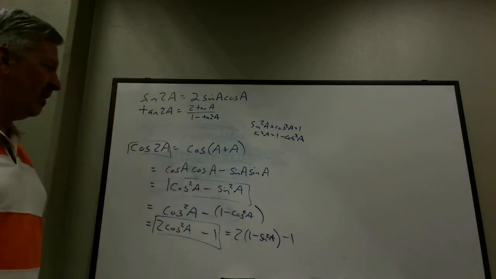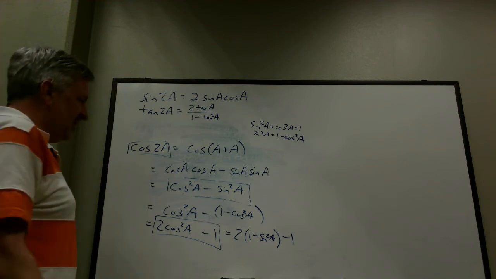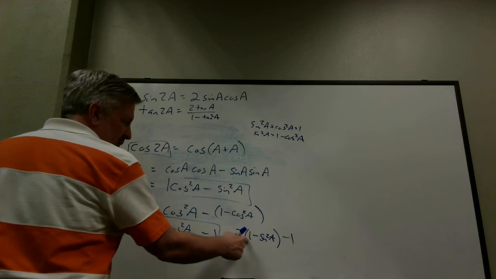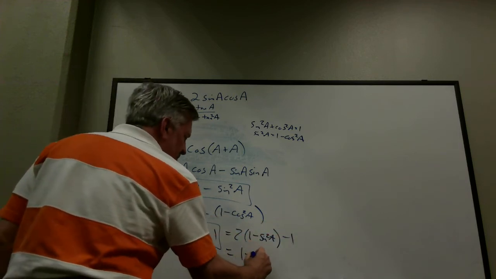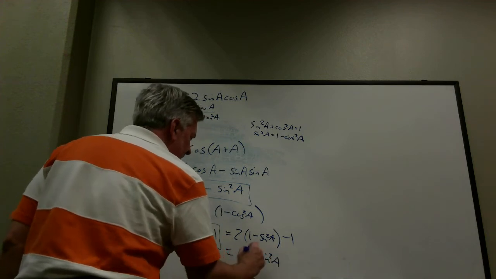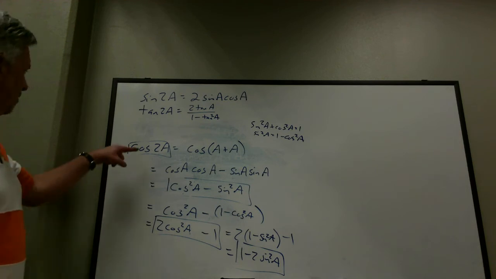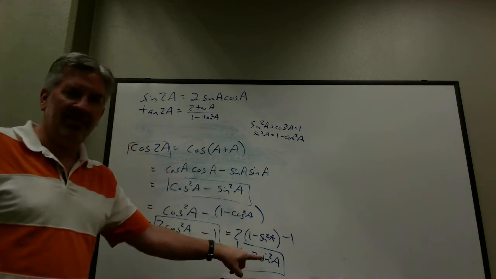Cosine squared a is 1 minus sine squared a. Sine squared a is 1 minus cosine squared a. So if we simplify this, notice if I distribute, I'll get a 2 minus the 1, that's a 1, and then distribute the 2 minus 2 sine squared a. And that's the last one. So cosine 2a is equal to this, and this, and this.